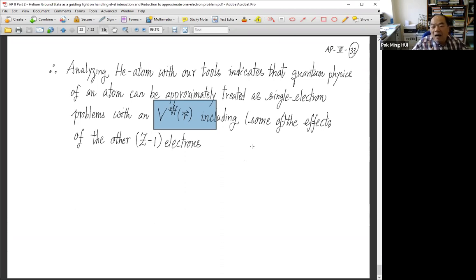Next time, there's an appendix. We discuss a little bit more about this scheme, and then we will discuss how we can have the periodic table. The second part of this part on other atoms has to do with what is the rule to fill in electrons. Of course, you know the rule, the Pauli exclusion principle.